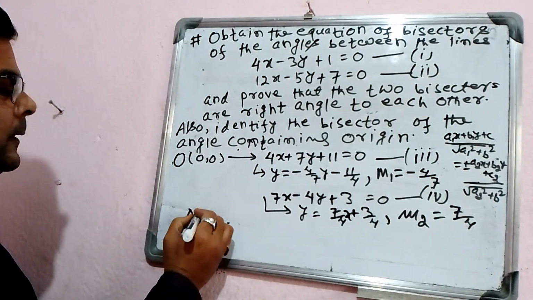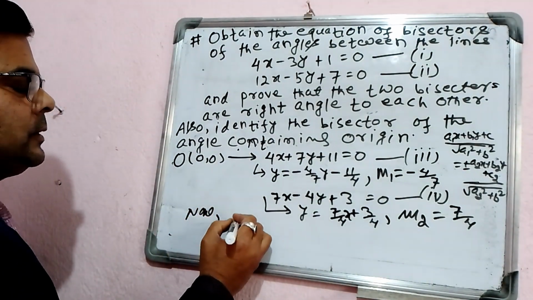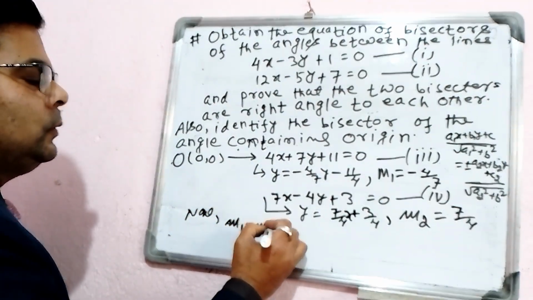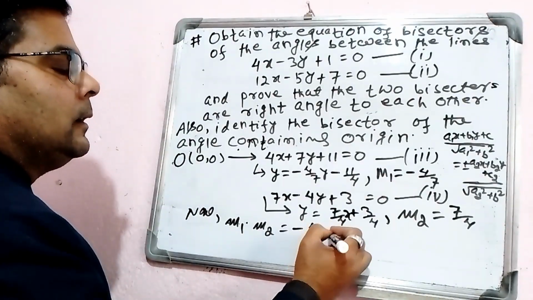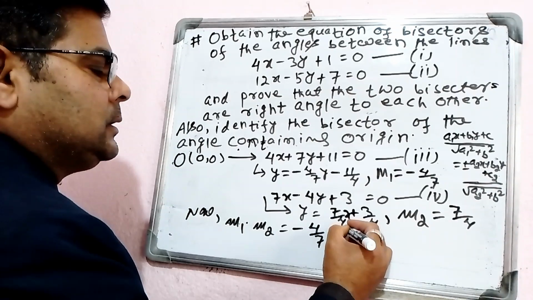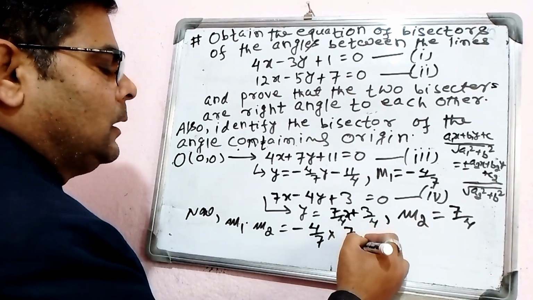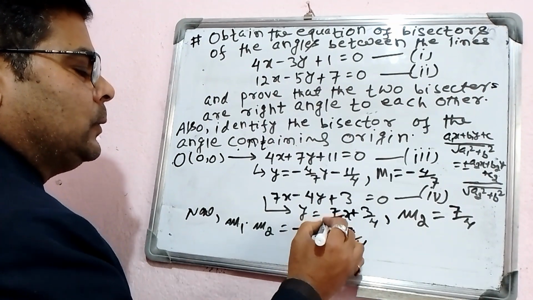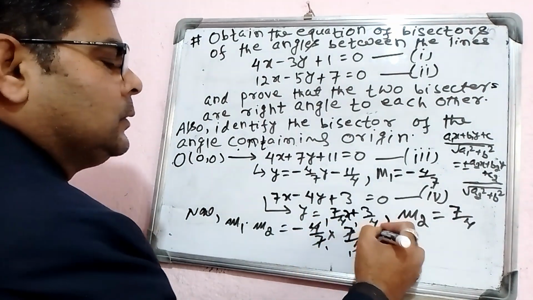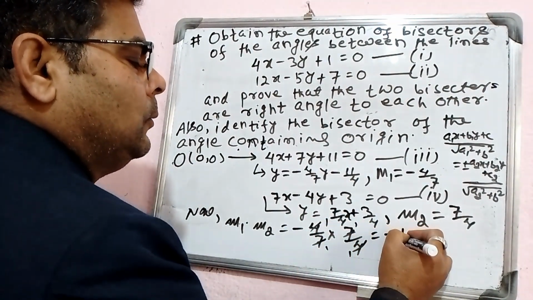So now you check m1 times m2. Here m1 is -4/7 times m2, which is 7/4, and you see that 7 and 7 cancel out, and also 4 and 4. So one times, it is going to be -1.